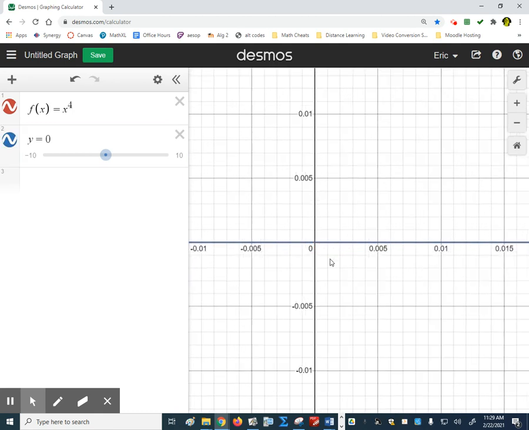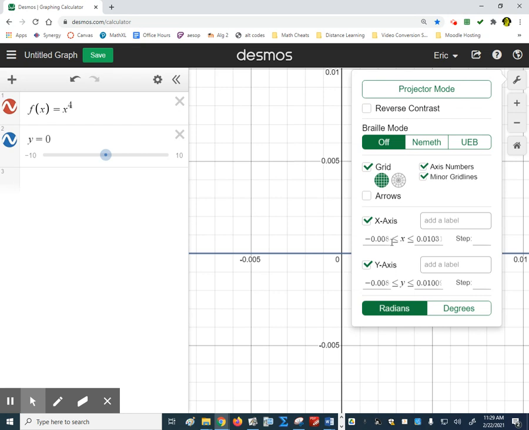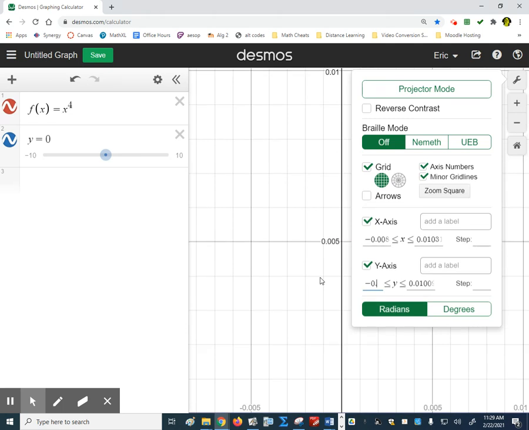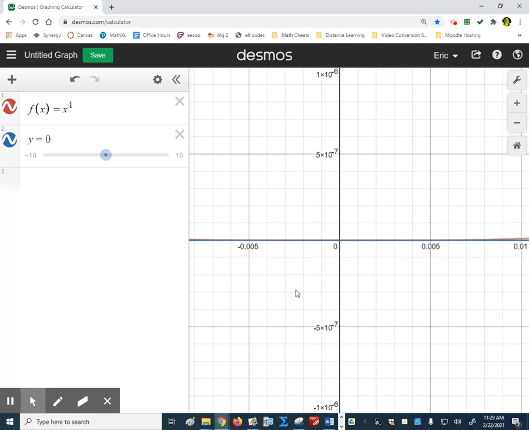I mean, if I focus in far enough, you can see that this thing, it is curving up, isn't it?